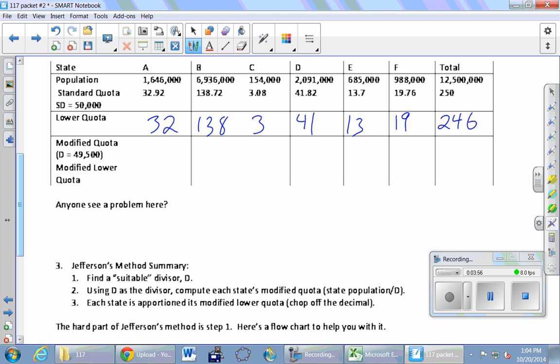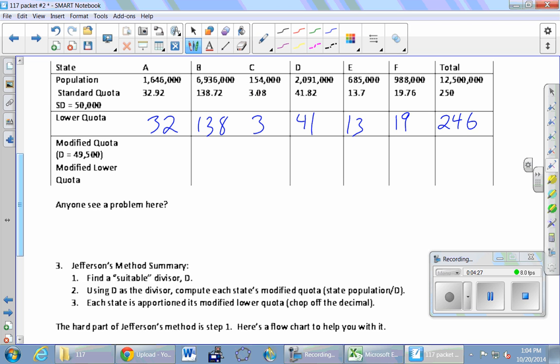But the goal is to change that quota from 50,000 to something else, so that when I actually do my divisions, like 1.6 million divided by 49,500, and then 6 million divided by 49,500, if I do it just right, then I'm going to get my magic 250 right over here. That's the goal, okay? We want to fix it so that everything works out perfectly and we get exactly 250 seats, none left over, nothing more than 250, exactly 250.